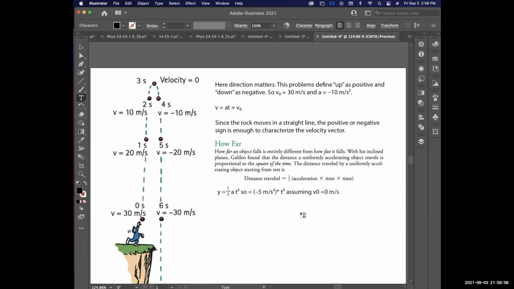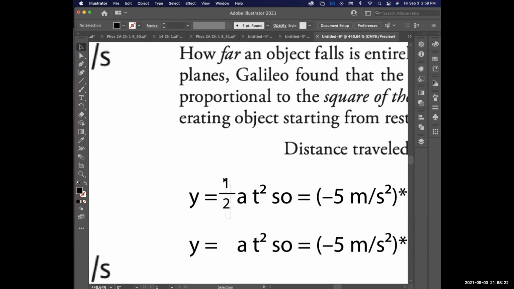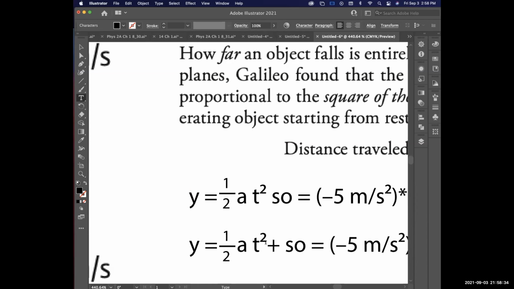If not, you have to add it in as plus v0 t.